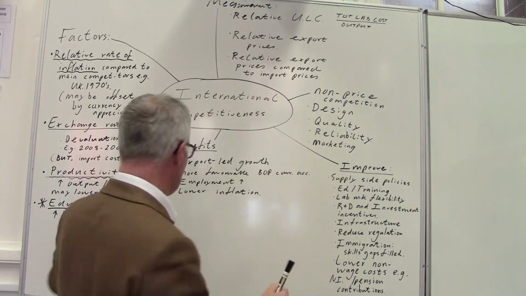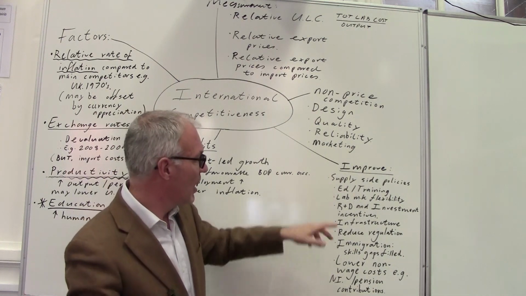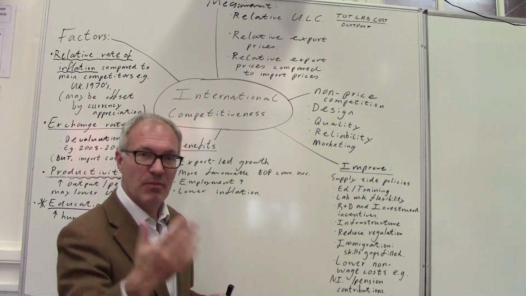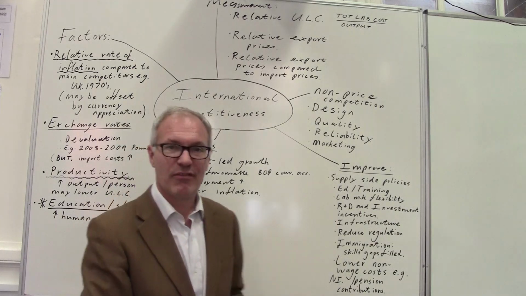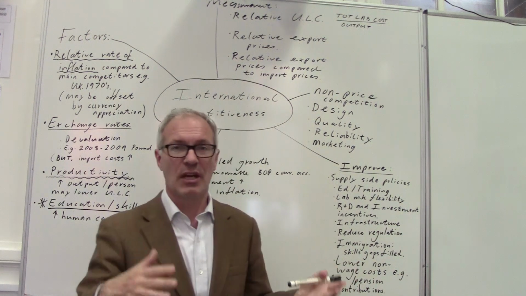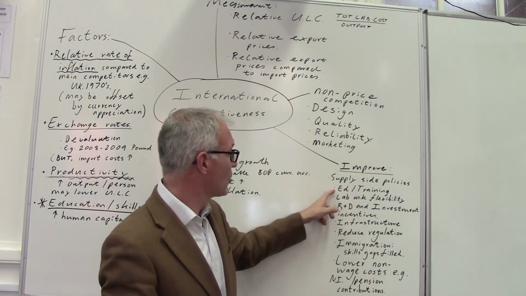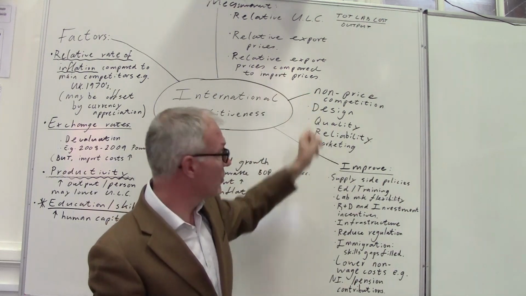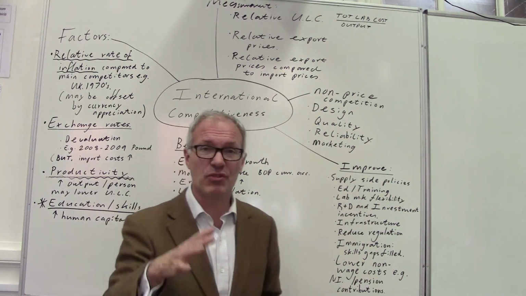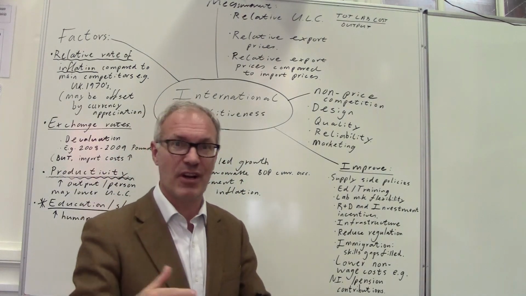First of all, as we've already mentioned, education and training in skills to increase output per person. Labour market flexibility means that you can employ labour, maybe at cheaper rates of pay, and that will lower your unit labour costs, such as reducing trade union power and making it easier to hire and fire.